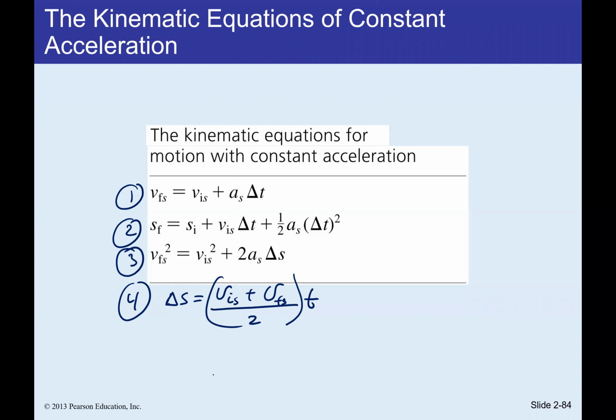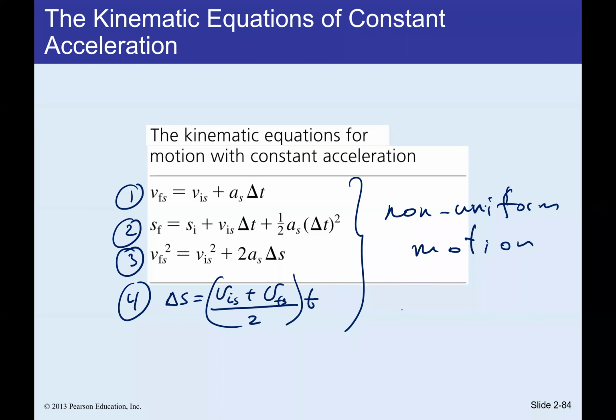But here we're assuming that average velocity is not necessarily equal to the velocity at any time. This is non-uniform motion, but with A equals constant, that means with constant acceleration.